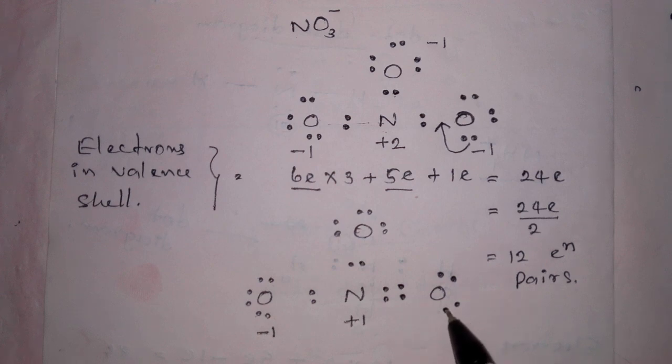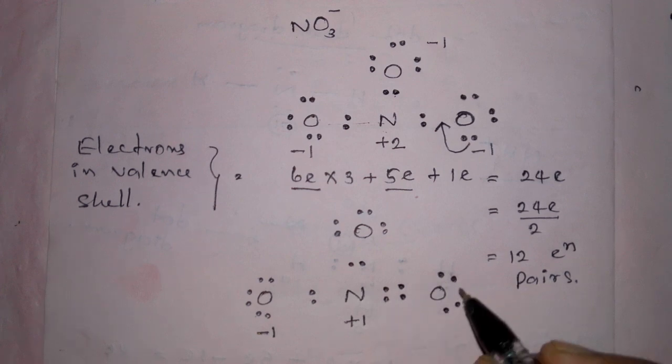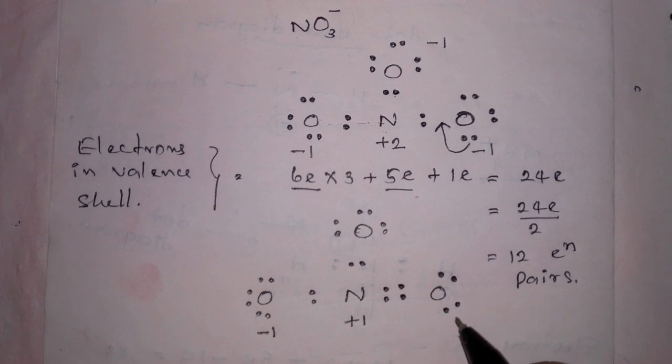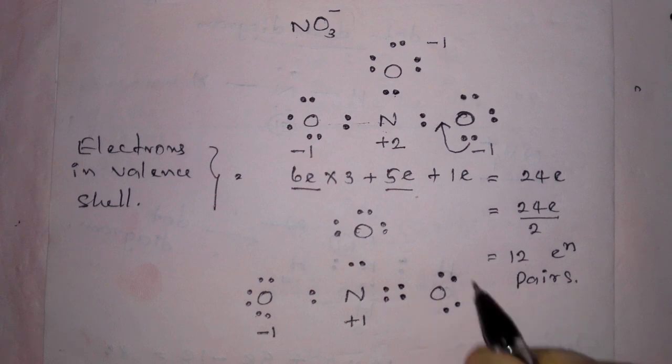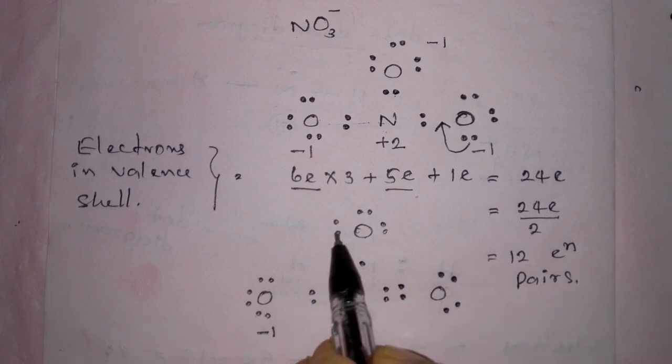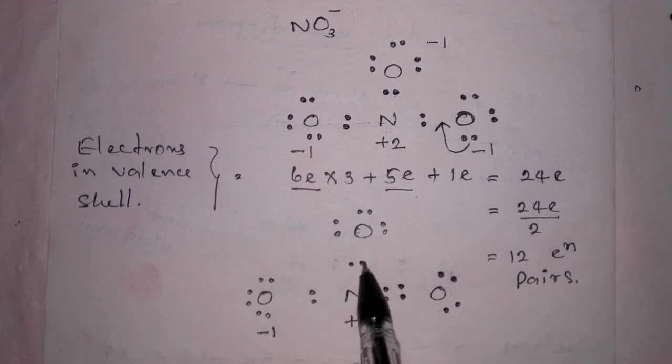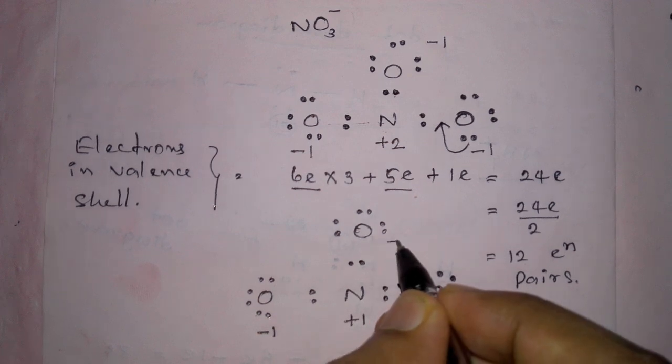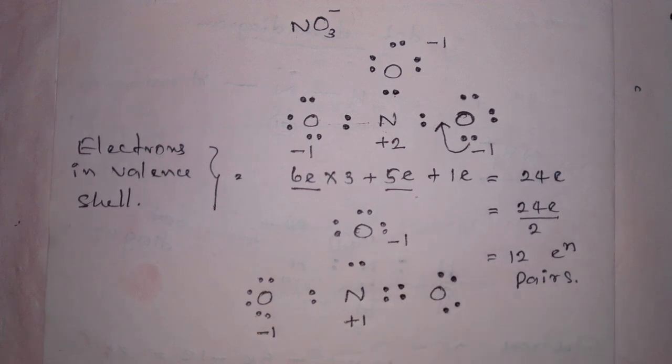Consider about this oxygen, 1 2 3 4 5 6, we calculate only 2 electrons to the oxygen, so it has no extra electrons or reduction in electrons, so it has no formal charge. Consider about this, 1 2 3 4 5 6 7, it has an extra electron, so it is -1.